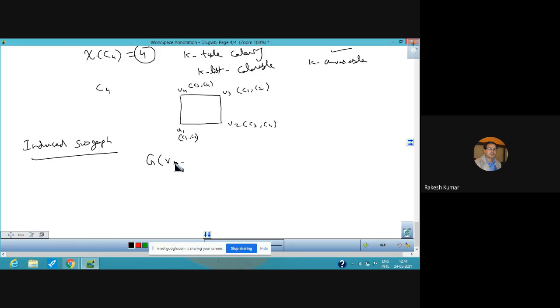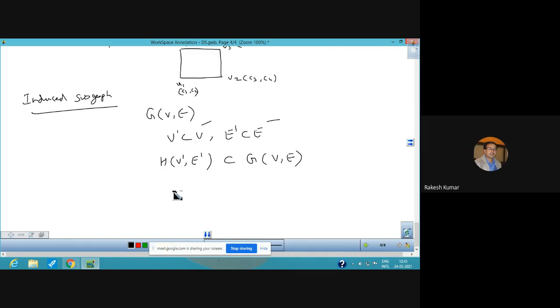Let G be a graph with vertices and edges, which is simple undirected, and V dash is a subset of V, E dash is a subset of E, proper subsets of the vertex set V and edge set E. Then the subgraph H with the vertex set V dash and E dash is said to be an induced subgraph of G, so that for each AB belonging to V dash, the edge AB should belong to E dash.